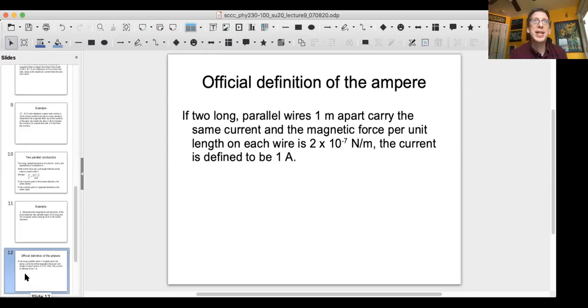And we'll see that the product of mu naught and epsilon naught does not ultimately depend on the ampere either. It depends on a universal constant that you've already looked at at least a little bit. But we'll get to that in Physics 3.